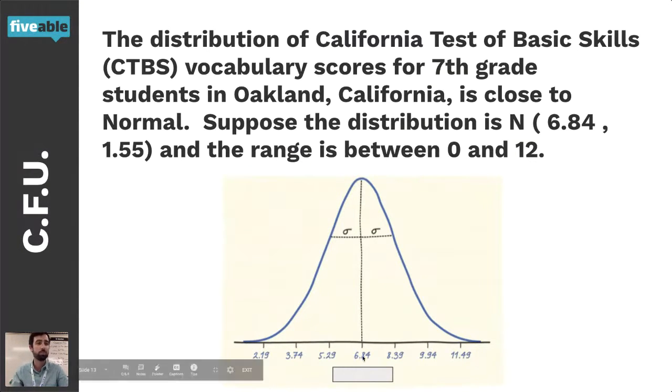Notice the center, 6.84. Notice if I go out 1 standard deviation, I'm at 6.84 plus 1.55. If I go out another standard deviation, again, I'm adding the standard deviation to the average. And so that would be a rough sketch of this distribution.